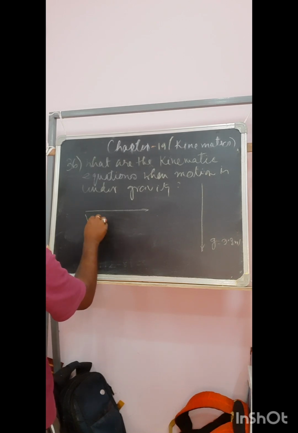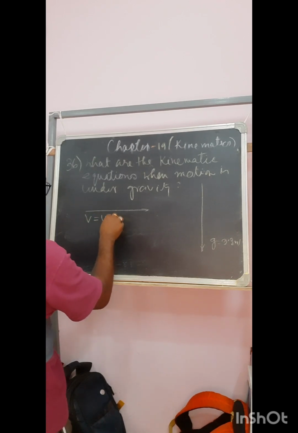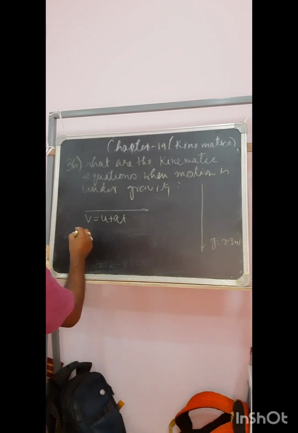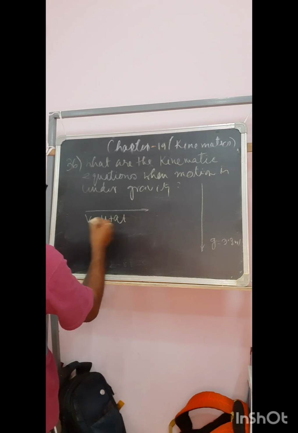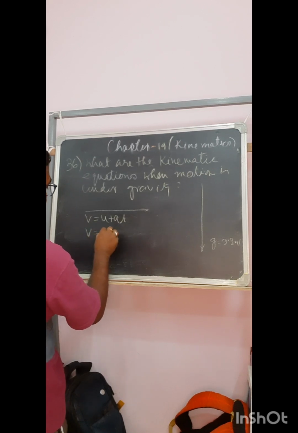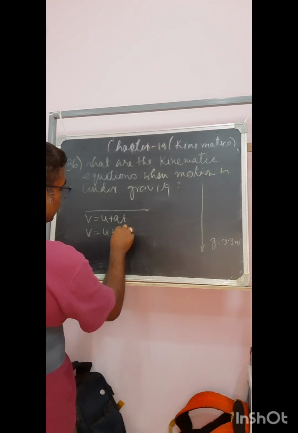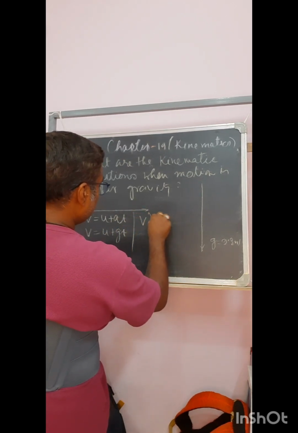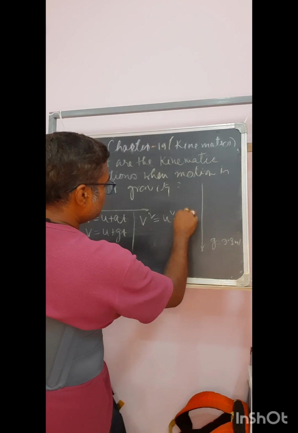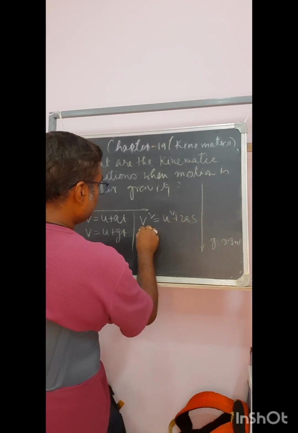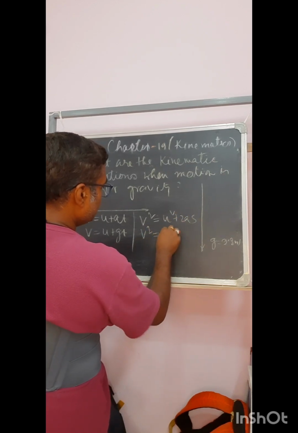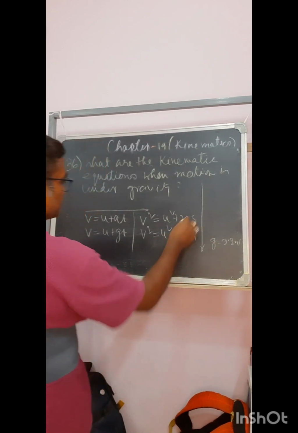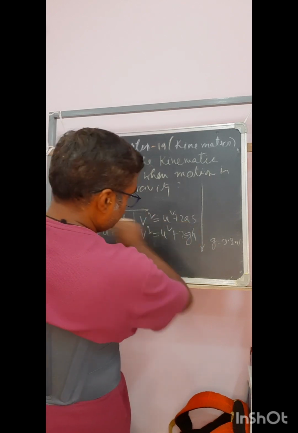If I compare with the linear case, v is equal to u plus at, where a is the acceleration, in a similar way when it is under gravity it will be v is equal to u plus gt. And v square is equal to u square plus 2as will turn into v square is equal to u square plus 2gh, because s is nothing but the height, the linear distance.